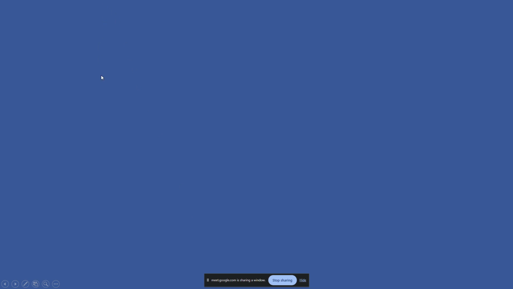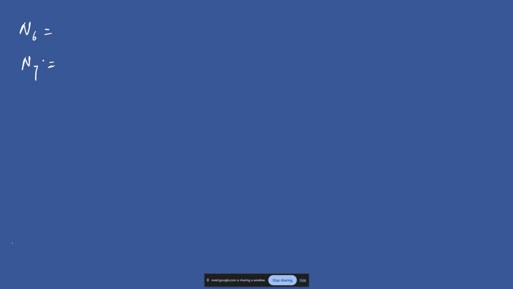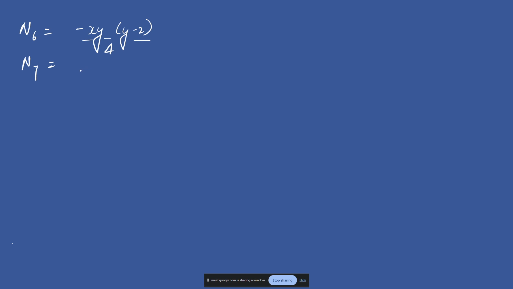So the N6 and N7 which you have evaluated are minus xy (y minus 2) whole divided by 4, then N7 is given by minus xy (x minus 4) whole divided by 8.